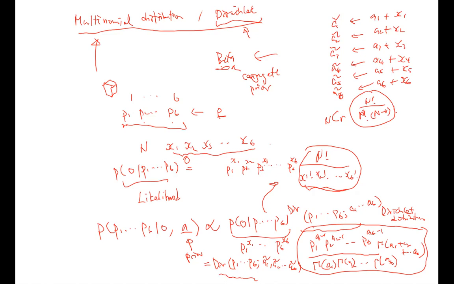You know that it starts with a Dirichlet distribution with those parameters. Now you observe something: you do this experiment n times, and you observe getting a one x1 times, getting a two x2 times, and so on. The only thing you need to know is that you update your Dirichlet distribution parameters by a1 plus x1, a2 plus x2, and so on and so forth.